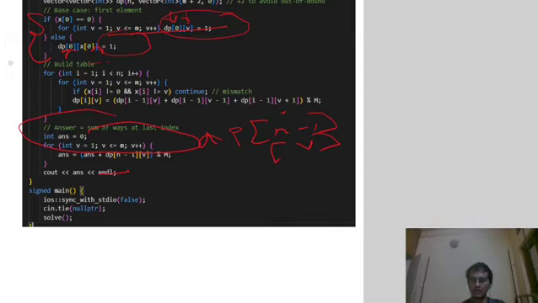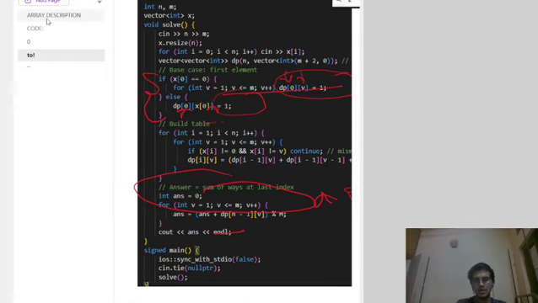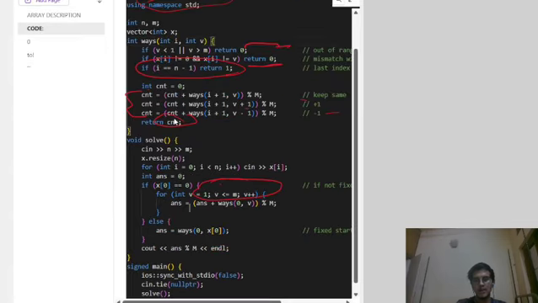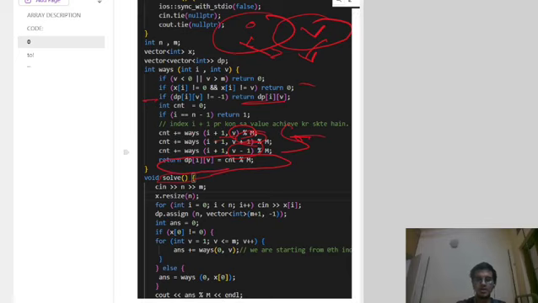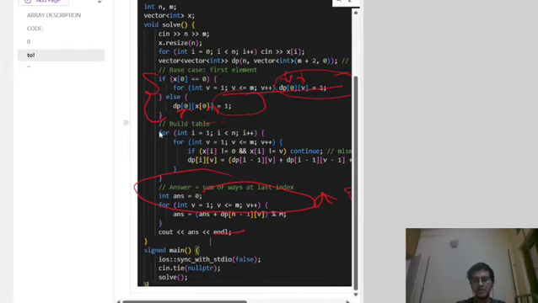If you are again confused in this, let me show you. Here we were storing the count in this DP.